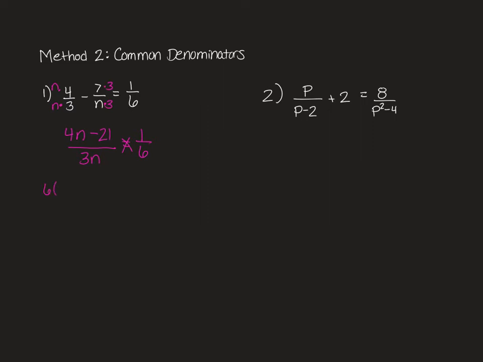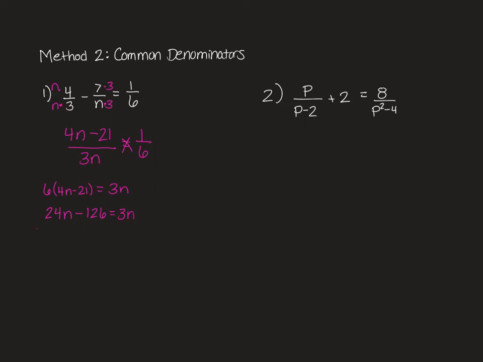So we will have 6 times 4n minus 21 is equal to, well, 3n times 1 is just 3n. You can distribute your 6, so you get 24n minus 6 times 21, I believe, is 126, is equal to 3n.